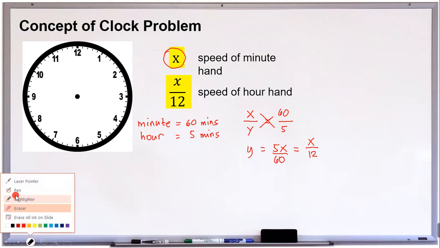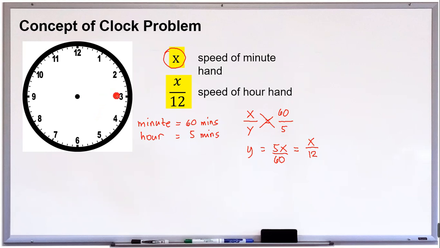Say for example, the time is 3 o'clock. The position of our minute hand is pointing to the number 12, and our hour hand is pointing to the number 3. So this is our 3 o'clock.